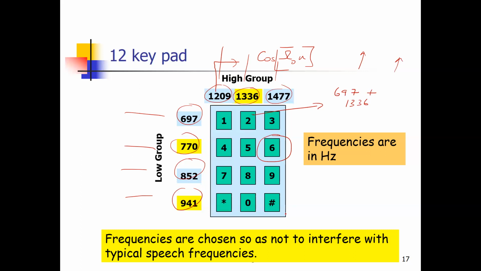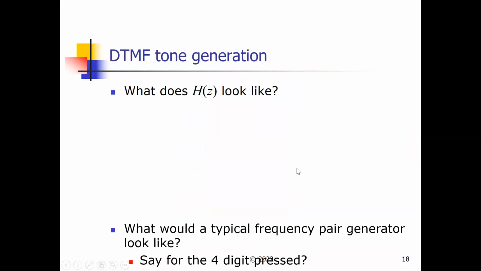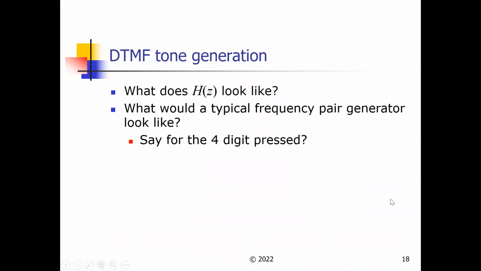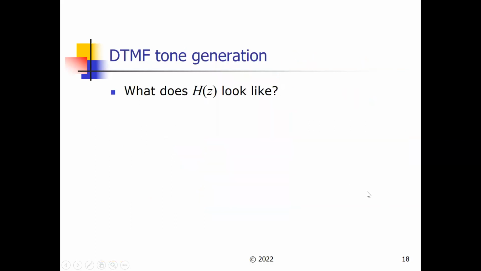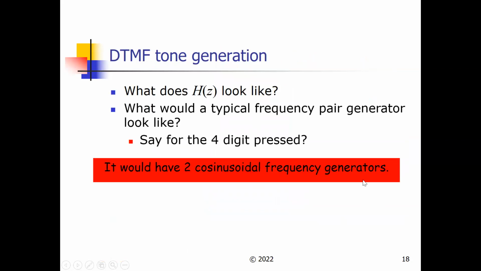Even the asterisk and the pound sign have their own codes as well.